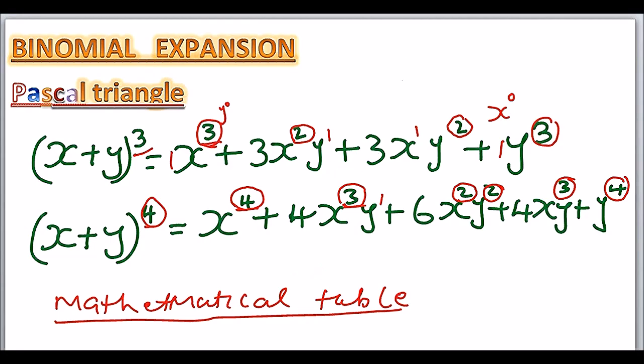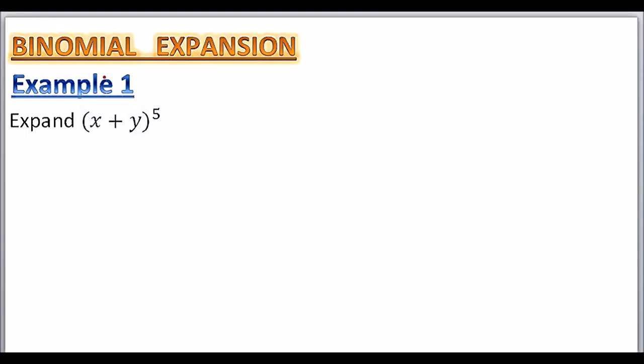In this example, we are supposed to expand this. If you don't have a mathematical table, you can generate Pascal's triangle. So let me do that for now. We have 1, we have 1, 1, we have 1, 2, 1, we have 1, 3, 3, 1.